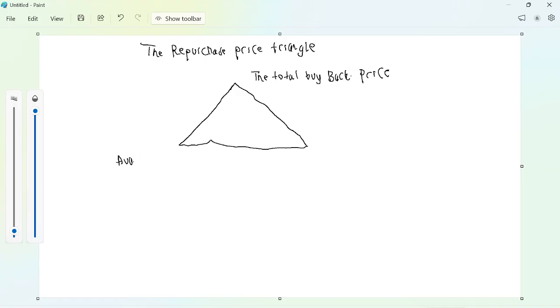The average price, right? And then the bottom right we have what? Above the average price. So the total price is the price in which those shares were bought at, right?